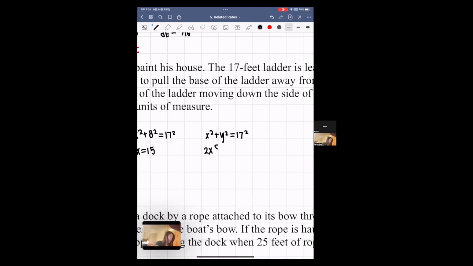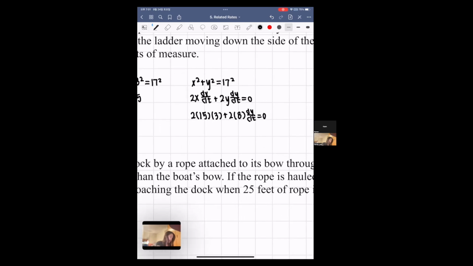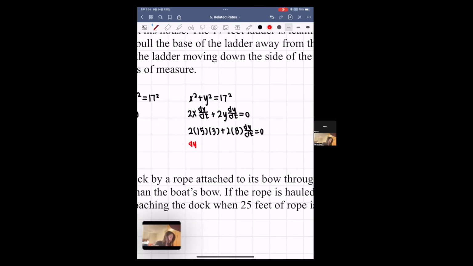And if we differentiate it, 2 times 15 times 3 plus 2 times 8 times dy dt equals 0. And this yields the answer that dy dt is negative 45 over 8 feet per second.